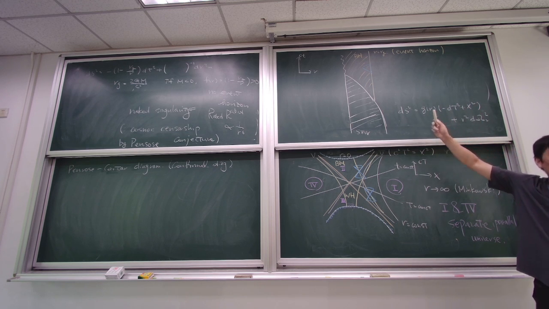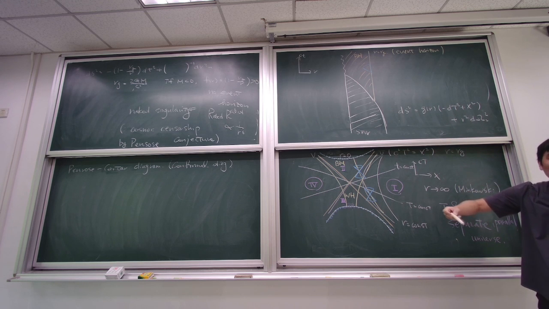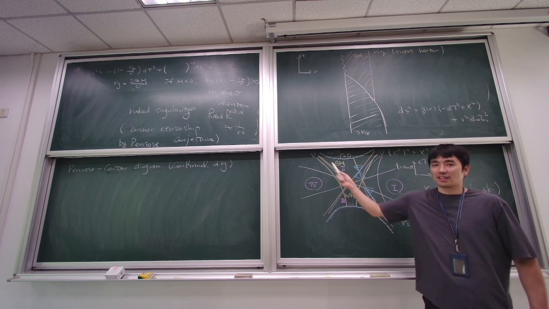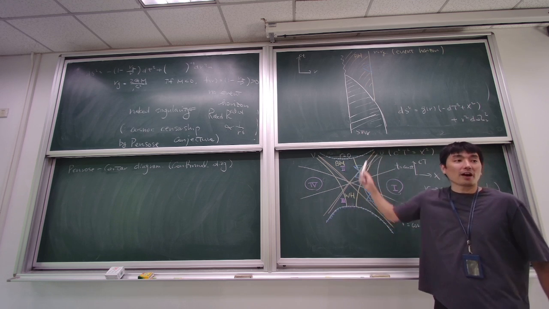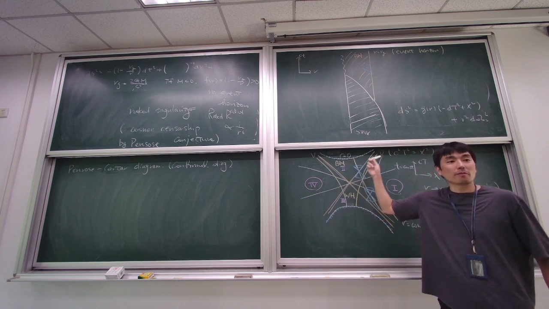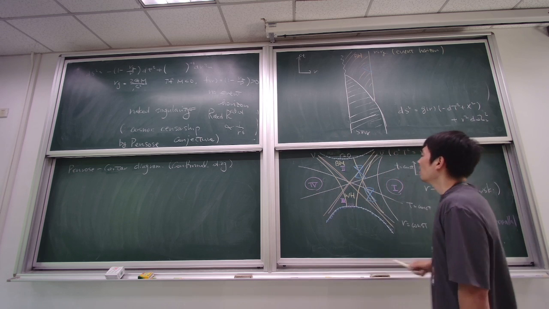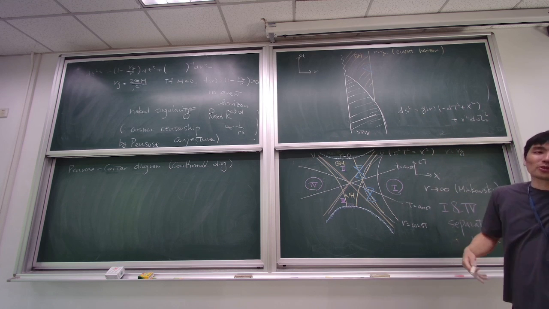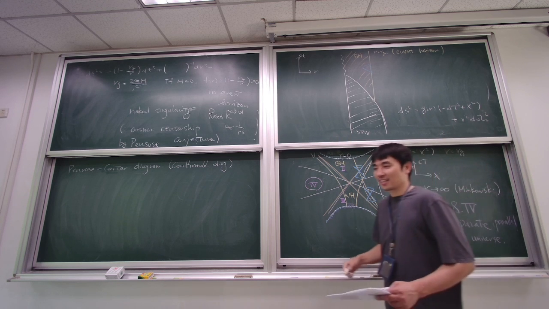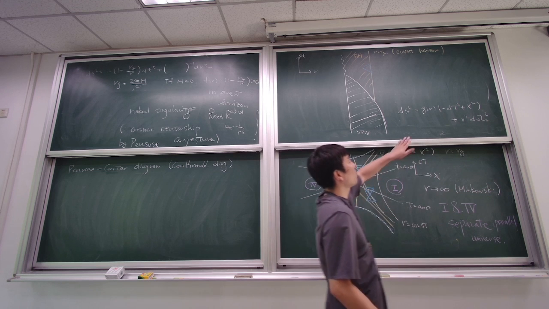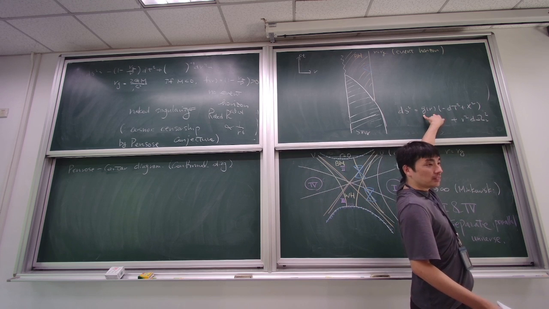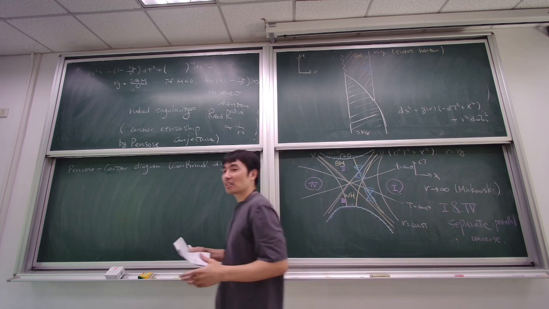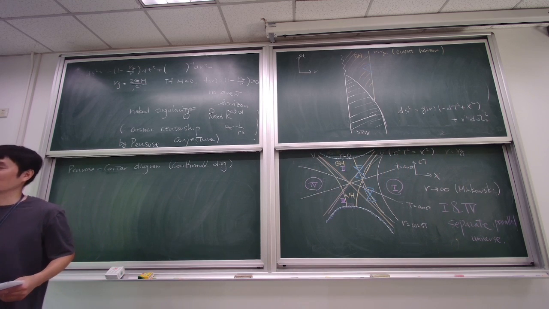So if you look at the light rays, they are always at 45 degrees. If you forget about this conformal factor, you can draw the diagram very nicely. If you appropriately normalize this factor, you can see the causal structure of spacetime very nicely.